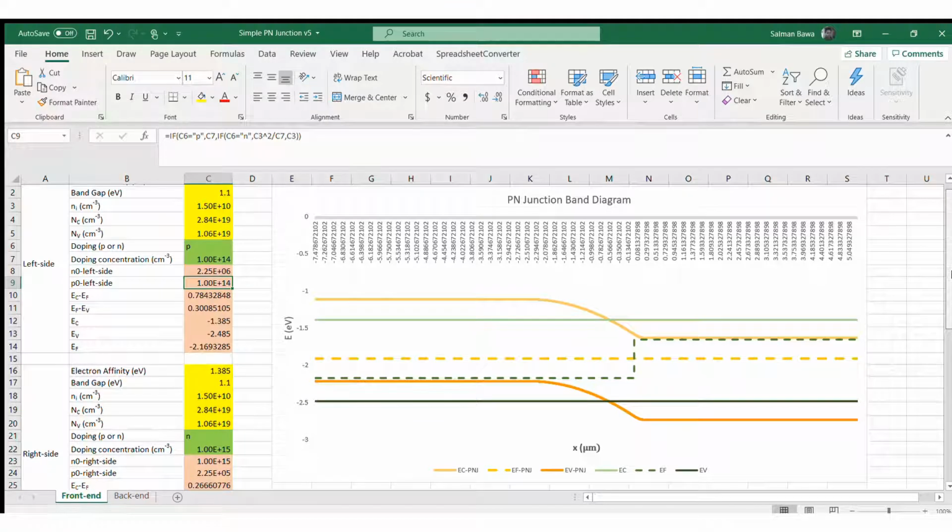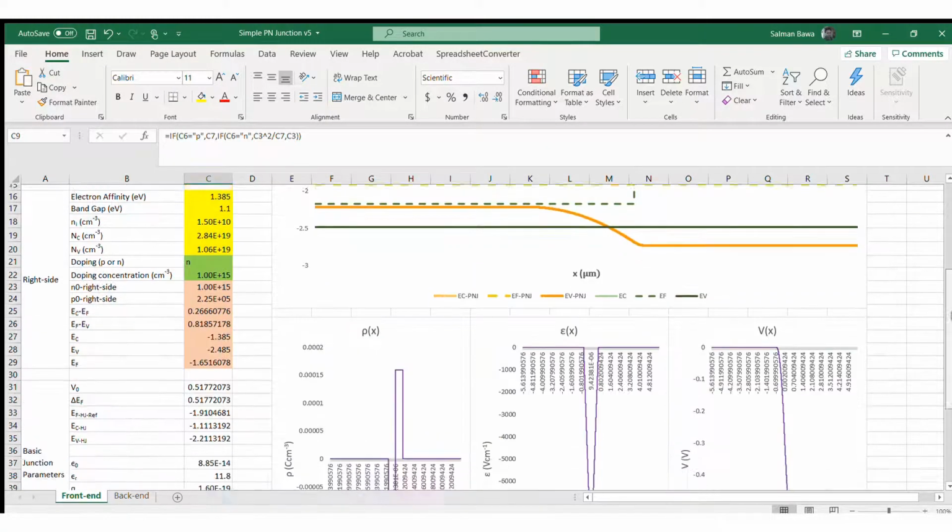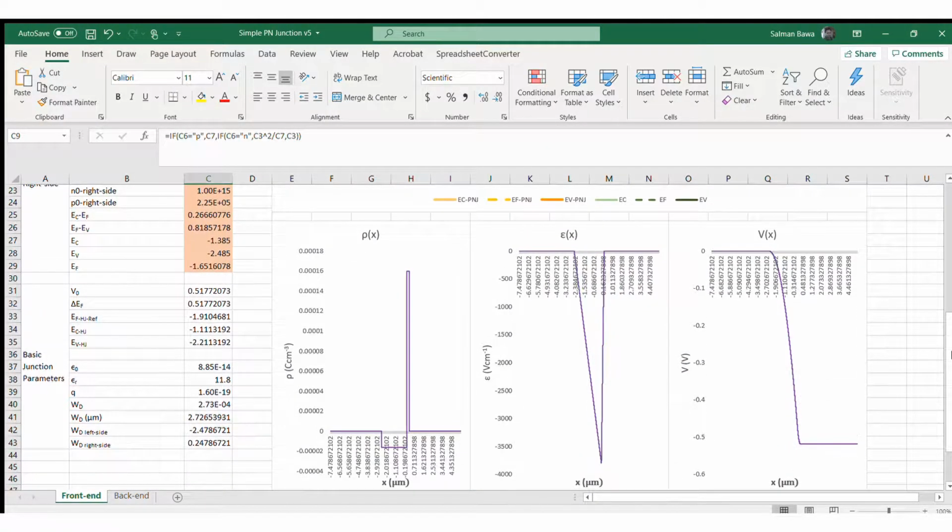And this is something that would be confirmed in the plots of the charge density, the electric field, and the potential.